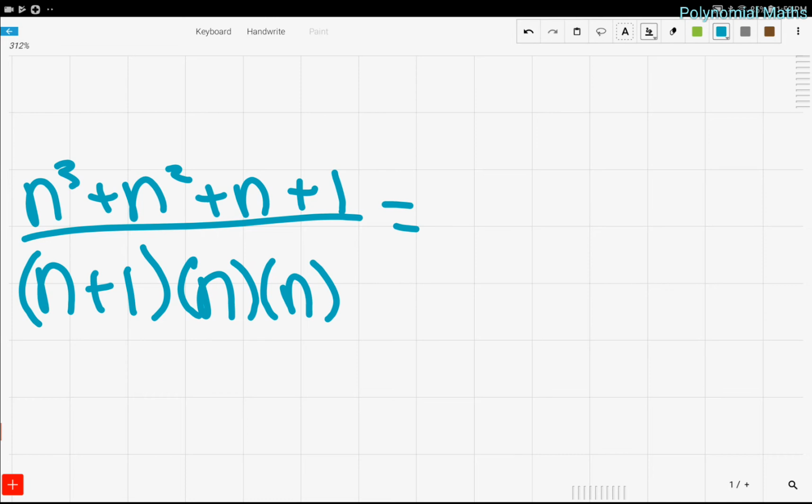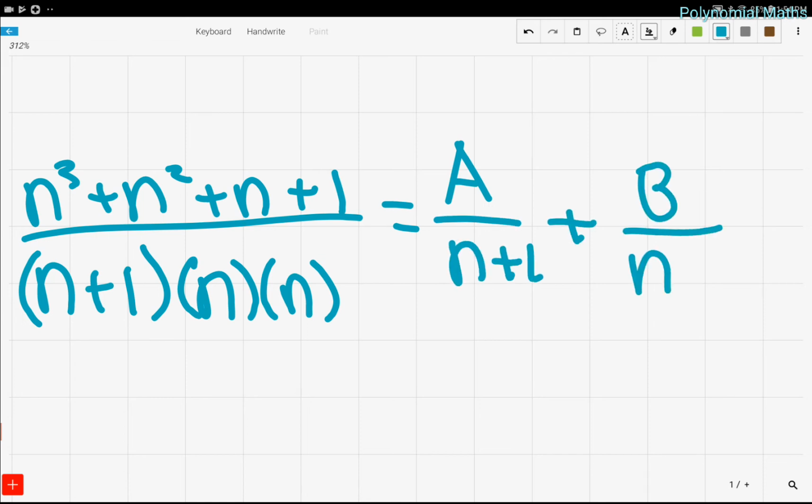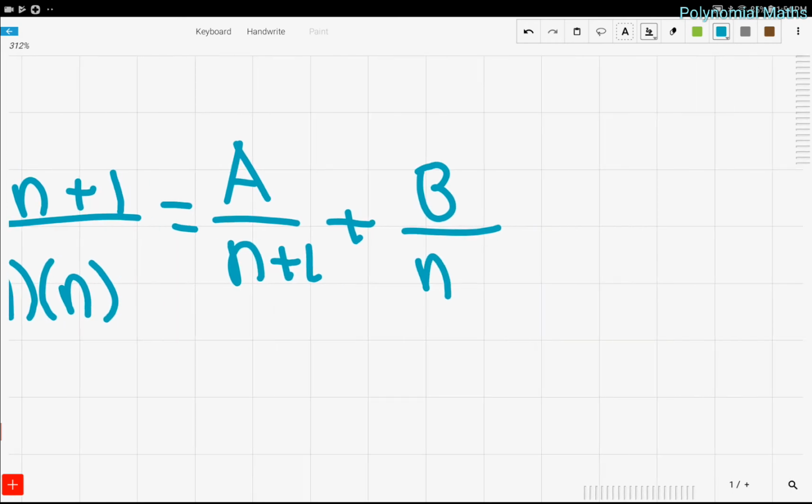So we're going to start with a simple problem that seems fairly similar to the problem that we've seen before. And our first instinct is just to write A over n plus 1 plus B over n, and plus C over n.